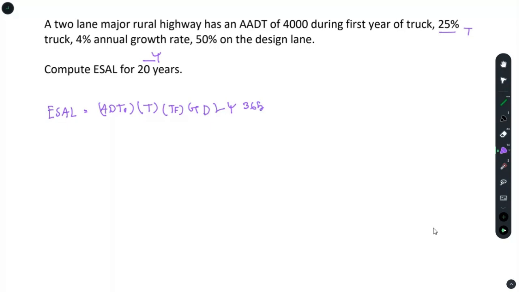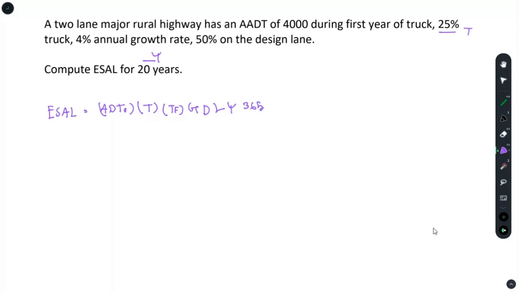So ESAL means that if we convert all the traffic in terms of 18-kip axle load, the number of times this axle load will go over a particular section is the ESAL. It's just a number of times that a particular axle repeats itself over the design period.